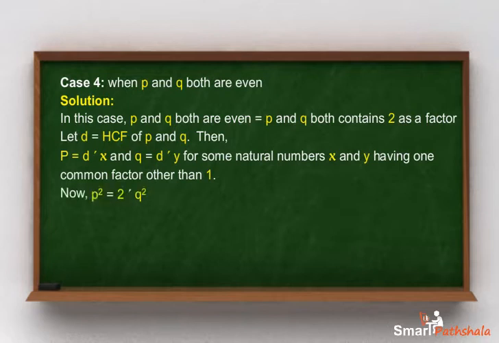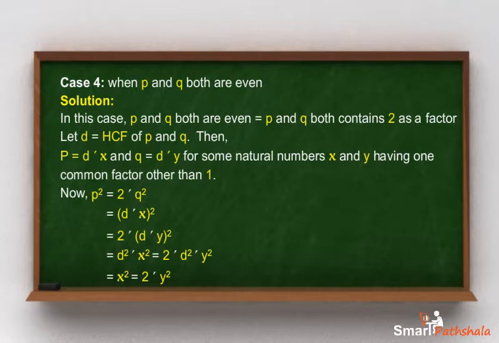Now, p square is equal to 2 into q square implies d into x whole square is equal to 2 into d into y whole square, which gives d square into x square is equal to 2 into d square into y square, so x square is equal to 2 into y square.